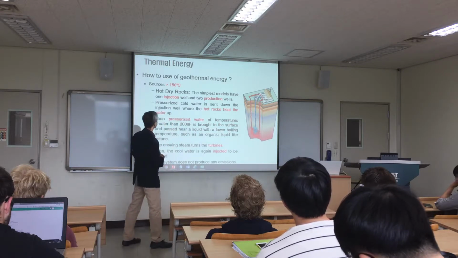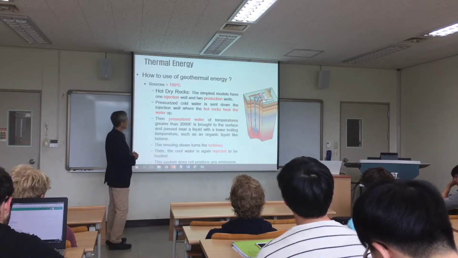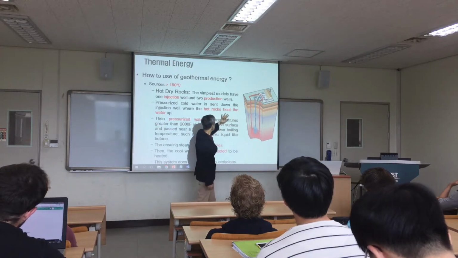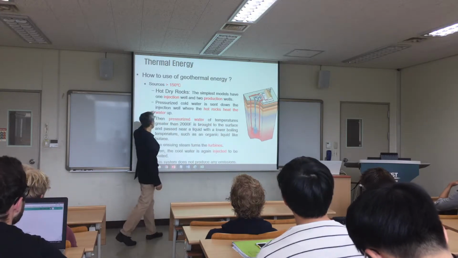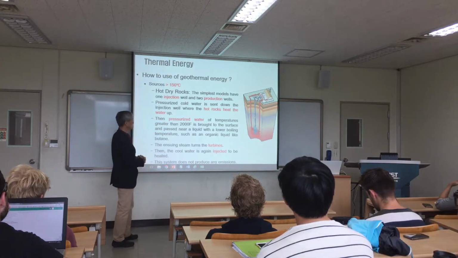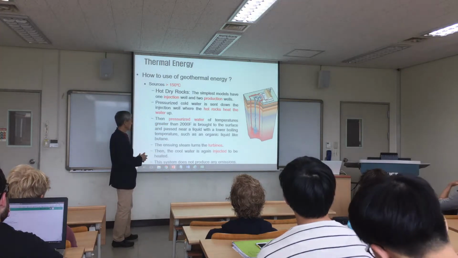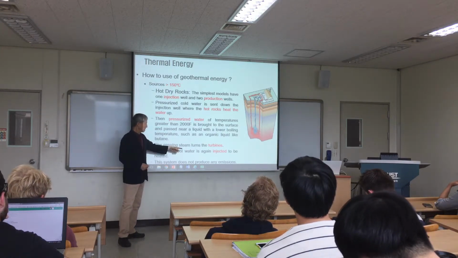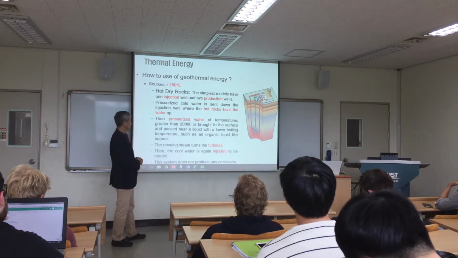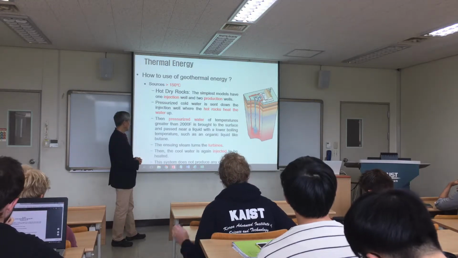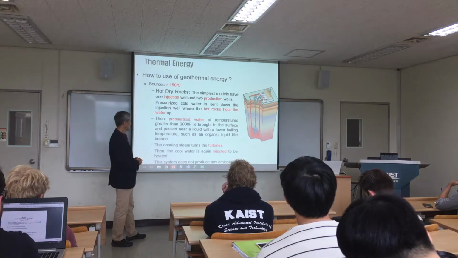Usually there are two lines, production wells. Hot rocks inside the globe or land heat the water up, and then the pressurized water produces steam, and the steam turns the turbine so that electricity is generated.